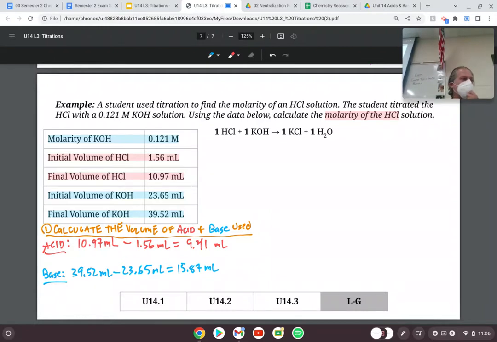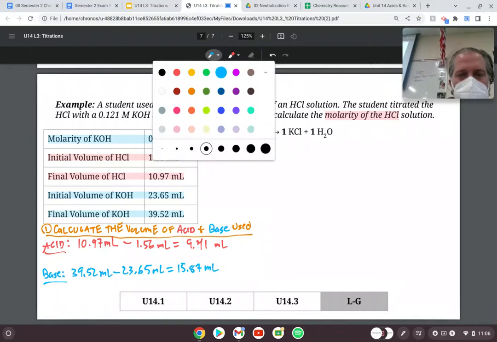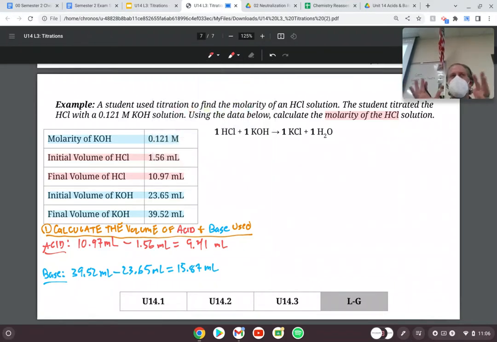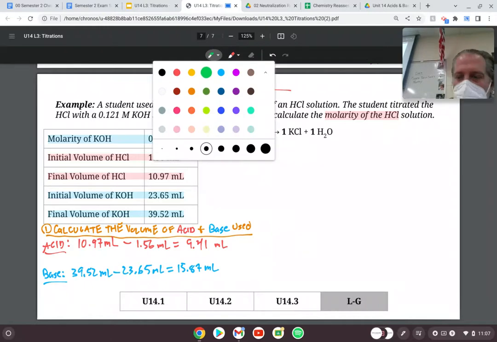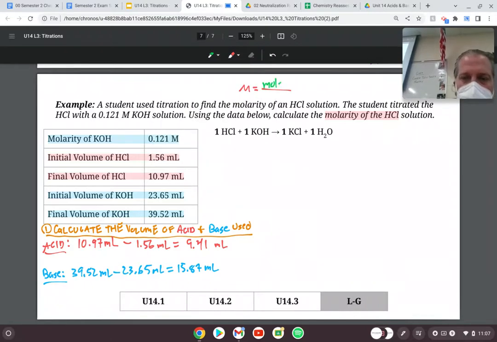Now, something important to think about before we get much further is that at some point we're going to be using the molarity formula. Just to refresh our memory, the molarity formula is moles divided by liters, right? If it's moles divided by liters, can I use the volumes I just calculated as they are, or do I have to do something to them? Look at the units of the volume I just calculated and compare them to the unit of volume needed for molarity.